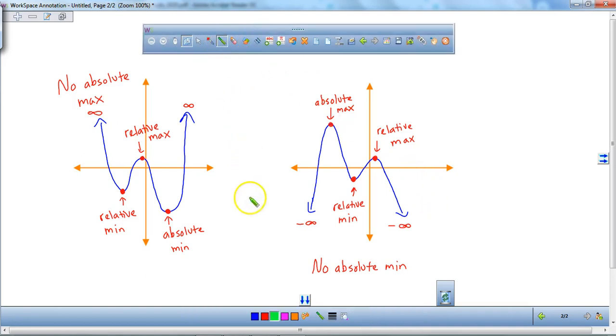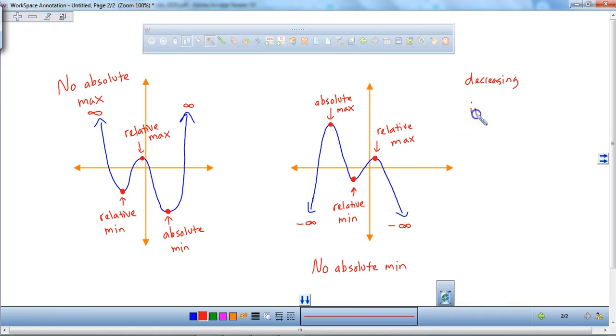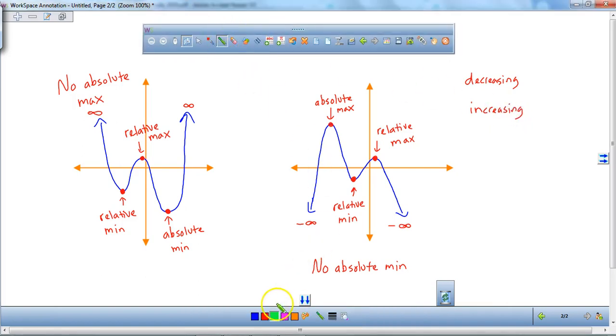Now let's talk about increasing and decreasing. All right, so I'm going to say where is it decreasing. I'm going to do some colors, like intervals where it's decreasing. And then I'm going to do some intervals where it's increasing. So you kind of have a concept of what increasing and decreasing is. All right, so let's do decreasing in red.